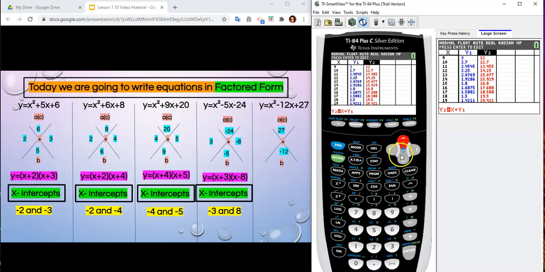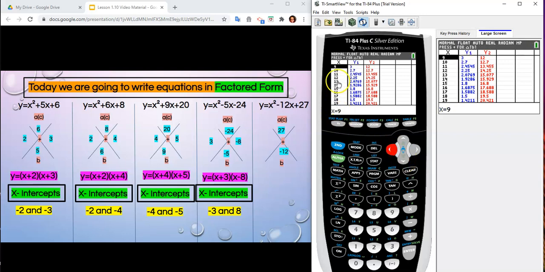Kind of slow. I guess I was hitting the button too fast, so it's trying to catch up with itself. Alright, looks like it's caught up. Trying to show you that you can go up some more.